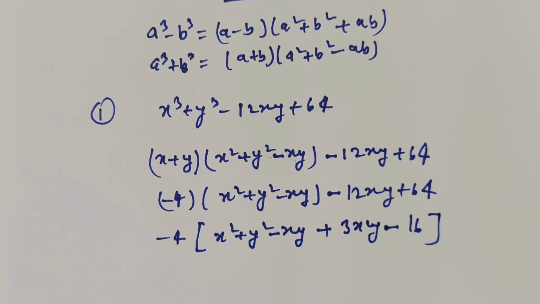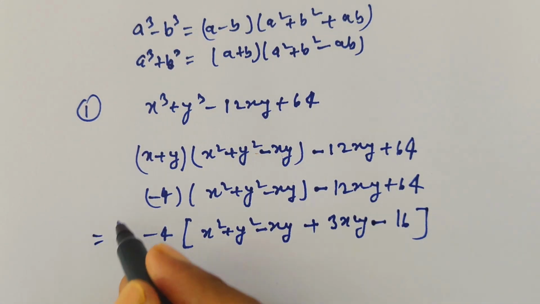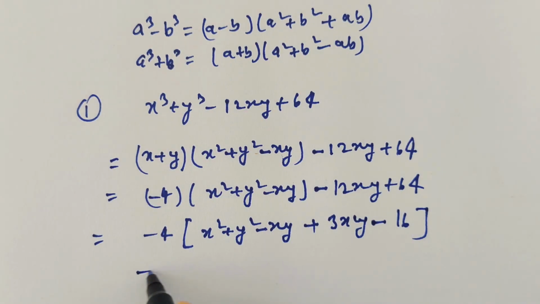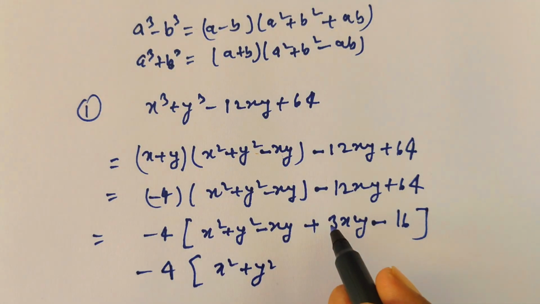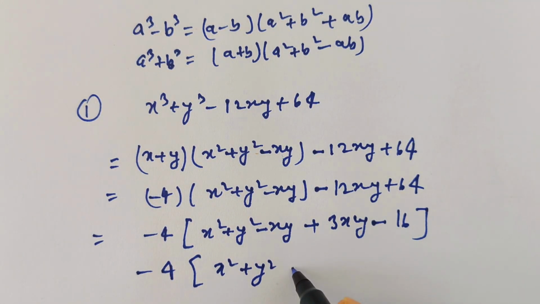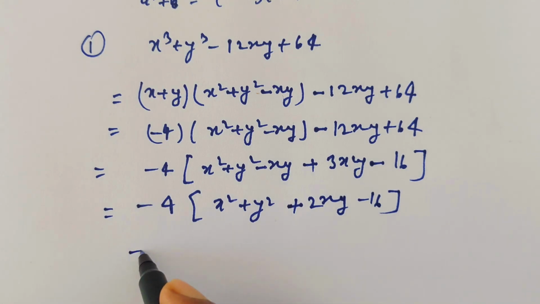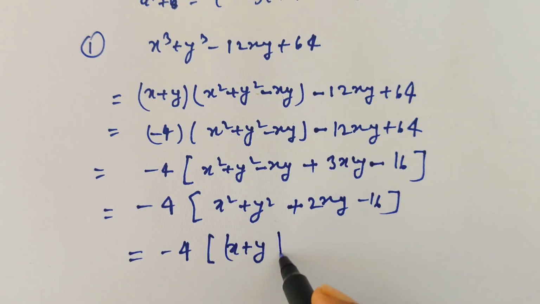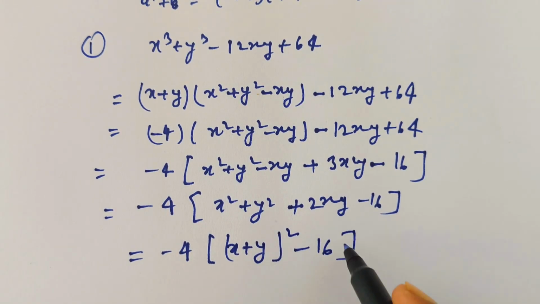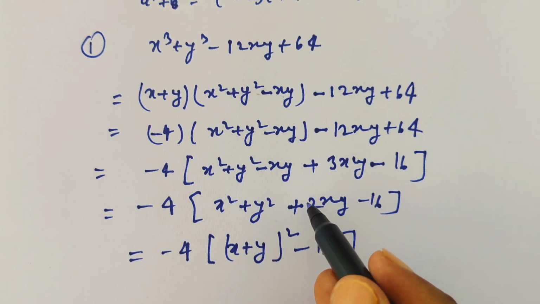Next, we calculate again: minus 4 into x square plus y square, minus xy plus 3xy, so we write plus 2xy, and minus 16. Next, you can write minus 4 into x plus y whole to the power 2 minus 16, because x plus y whole square equals x square plus y square plus 2xy.